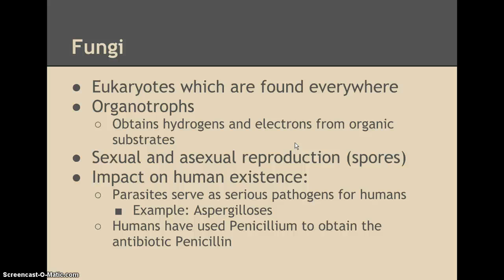An example of reproduction in fungi is by spores, and they impact human existence because some fungi serve as pathogens for humans, such as Aspergillus, causing aspergillosis. And another beneficial way is that humans have used Penicillium, a fungus, to obtain the antibiotic penicillin, which we know has been greatly used for the past 60 or so years.